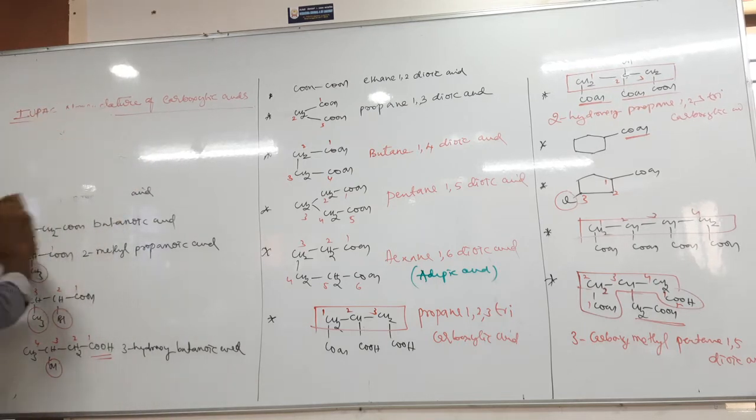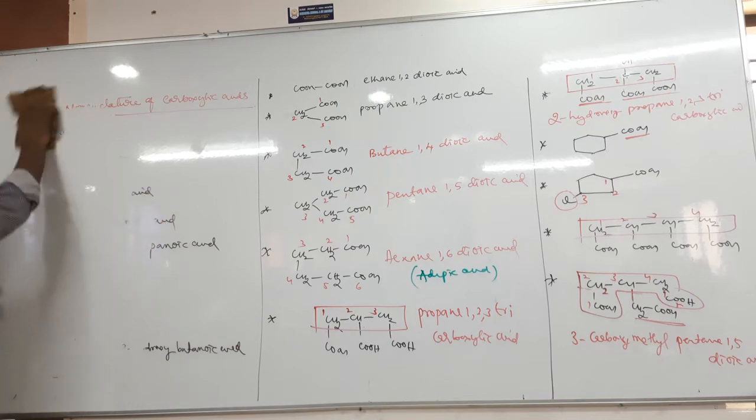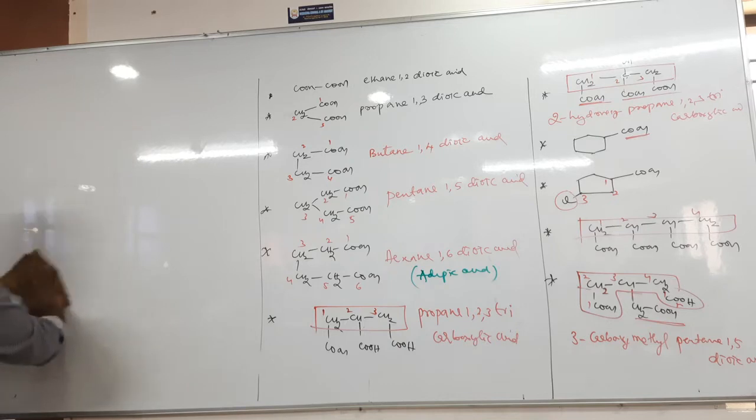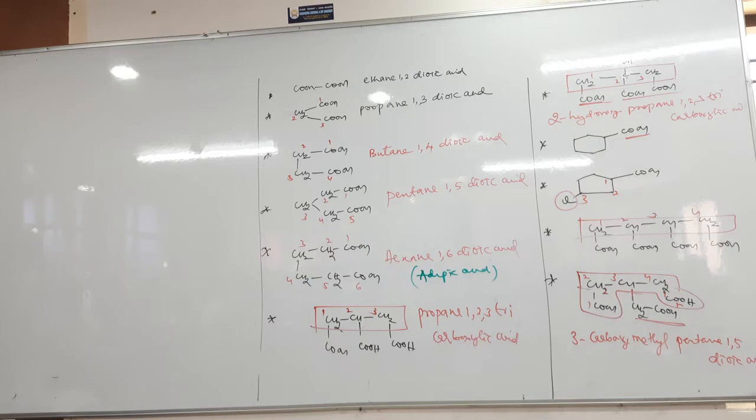Okay, so these are the different examples for IUPAC nomenclature of carboxylic acids. Take some homework questions. Write the IUPAC names of the following carboxylic acids. 1.